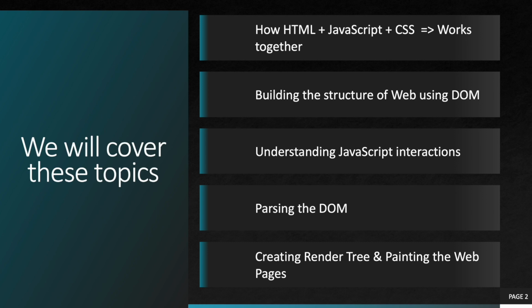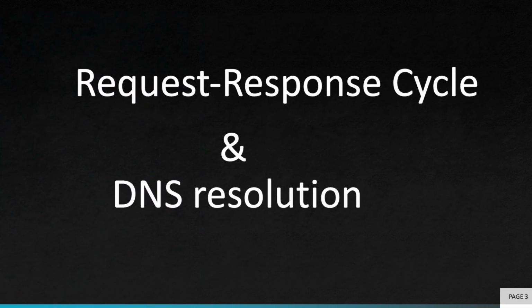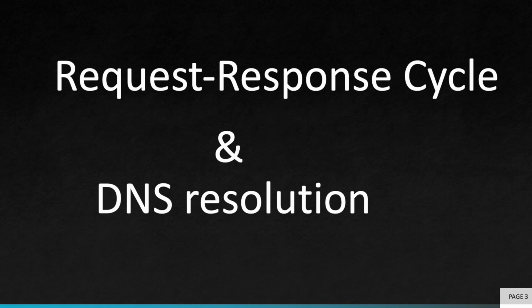We'll also see the DOM manipulation, how the DOM architects the web structure, how JavaScript interactions take place, how the stylings, fonts, and layouts are taken care of, how the calculation happens, and how at the end we get to see this beautiful picture or the pixel perfect pages on our browser rendering the web pages. Let's get started. First, we'll have a look at the request response cycle and DNS resolution.